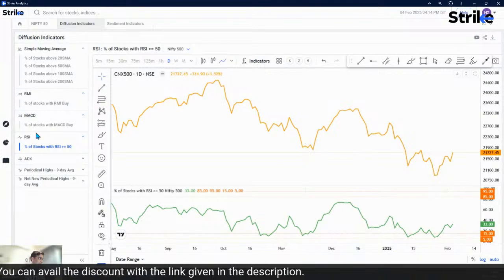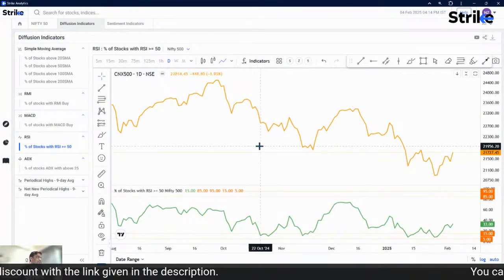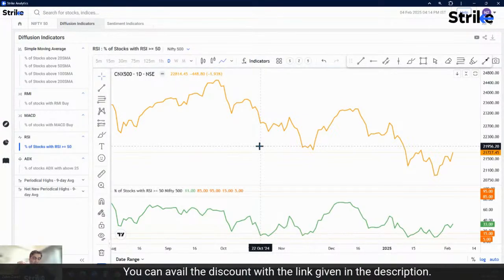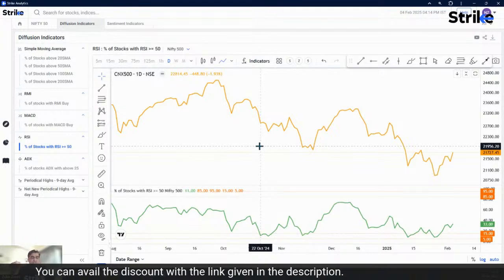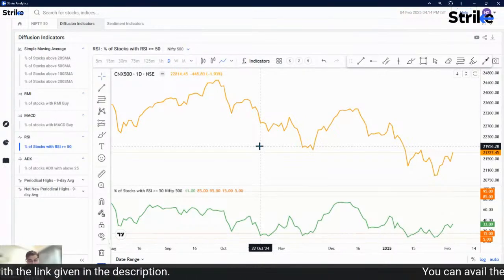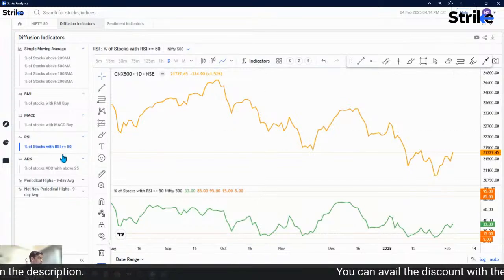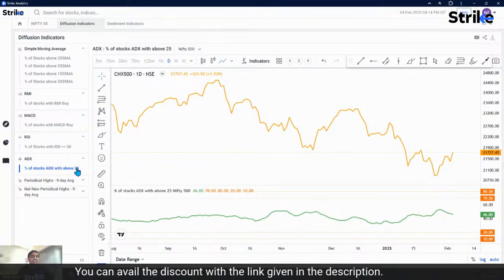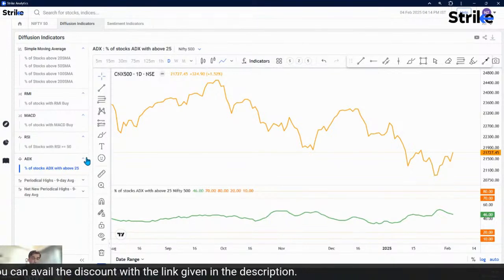All right. Now ADX, if you know what is ADX, it will not give you which direction it is going. But it will tell you, whichever direction the trend is going, either up or down, whether it is strong or not. So percentage of stocks with ADX above 25 reading means they are in a strong trend.